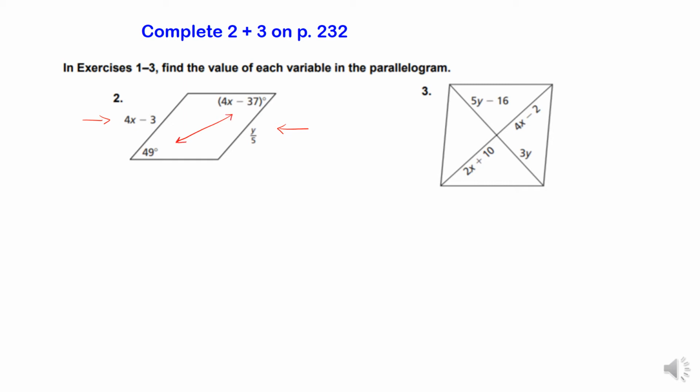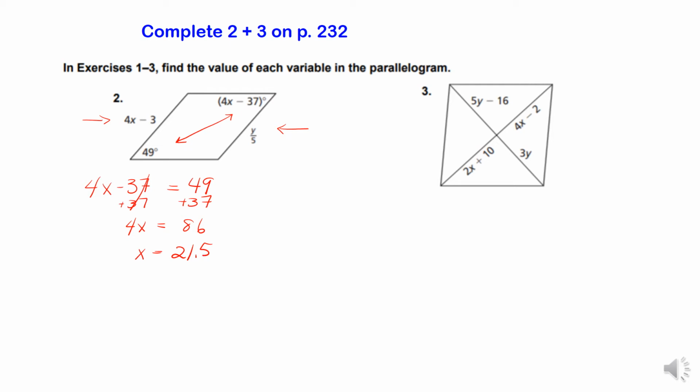So I'm going to go ahead and do the opposite angle first. The parallelogram opposite angle theorem, I'm going to use that first, equals 49. I'm going to add 37 to both sides. I get 4x equals 86. Divide by 4, x equals 21.5.